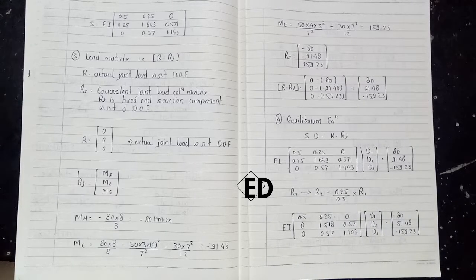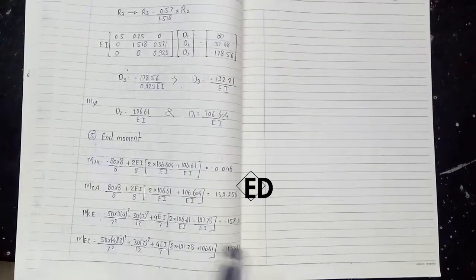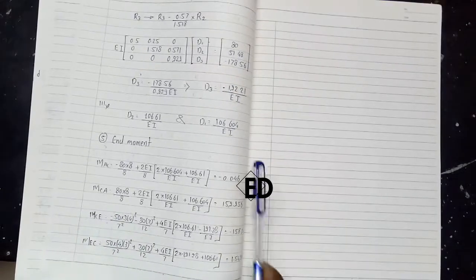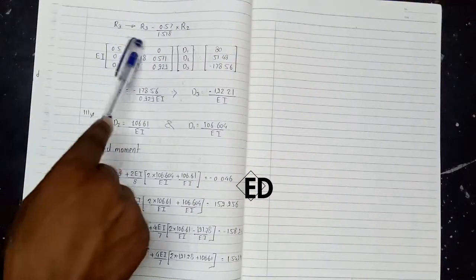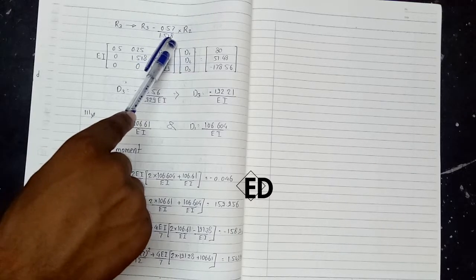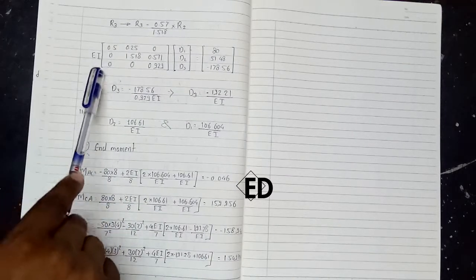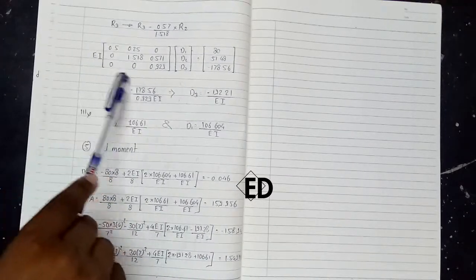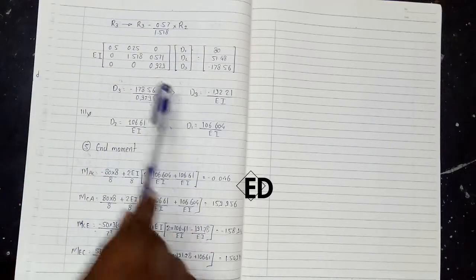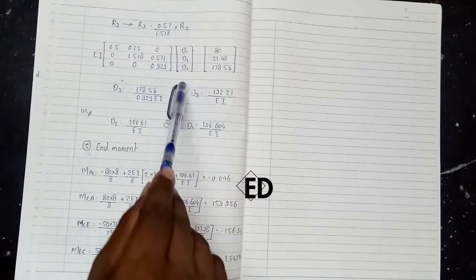Just check this by solving on your calculator. The second row operation is R3 replaced with R3 minus 0.57 upon 1.518 into R2, just to make zeros at these places, converting this lower triangular matrix into 0. If we convert it this way, we are directly able to calculate the displacement.